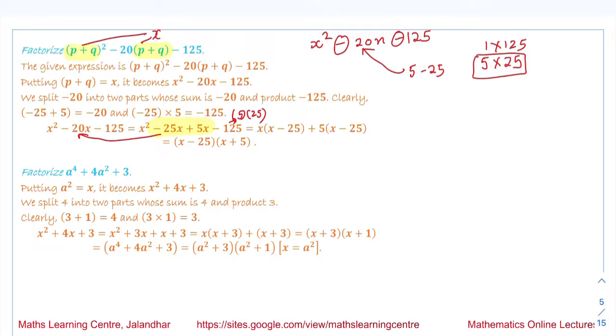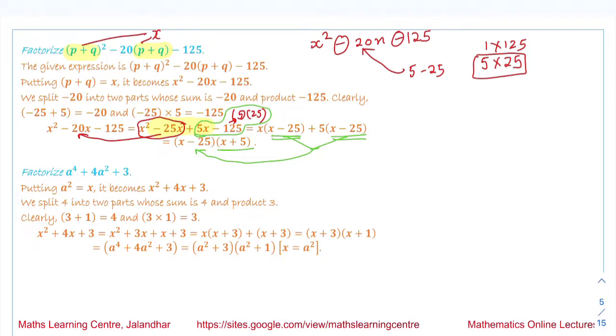When we write it like this, we are grouping the terms: these two terms are grouped and these two terms are grouped separately. Then we take x minus 25 common from these two terms, and we are left with x plus 5.